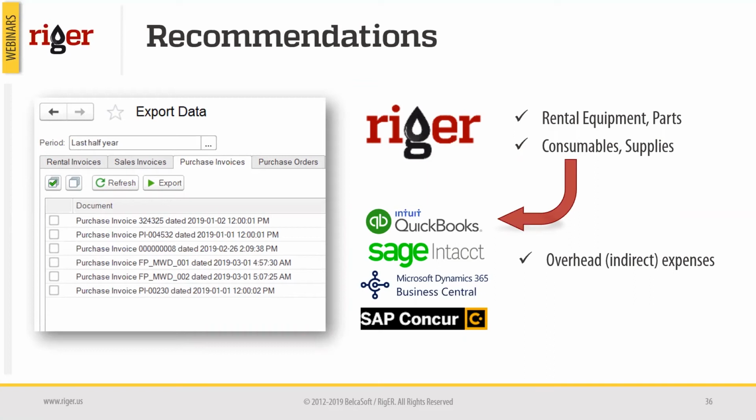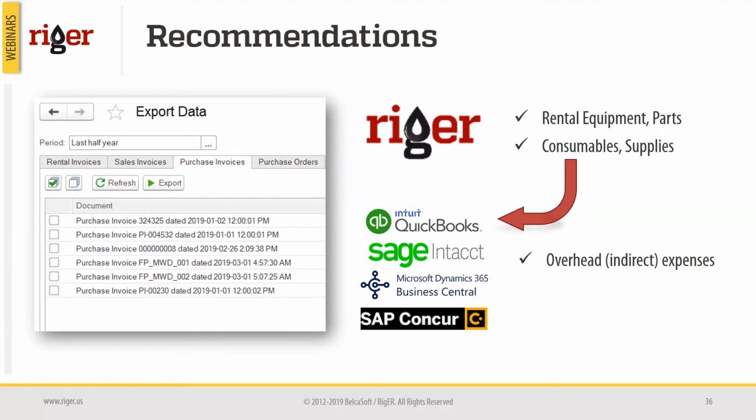And as we mentioned at the very beginning, our philosophy and our belief is that our strength is being able to integrate the information stored and collected in RigER with other applications. And hence, that's where we see the biggest benefit of using not one instead of the other, but several systems in place where information flows from one to another.